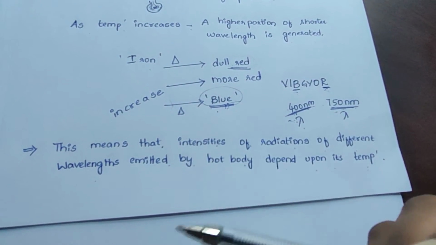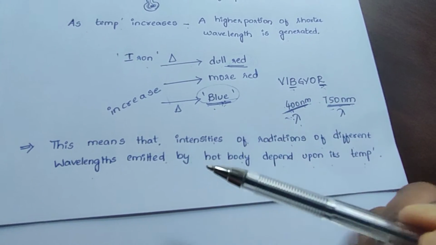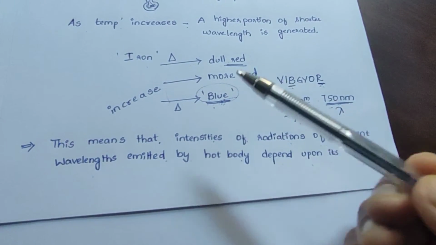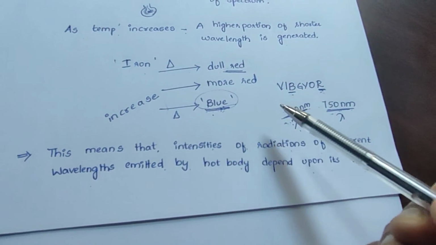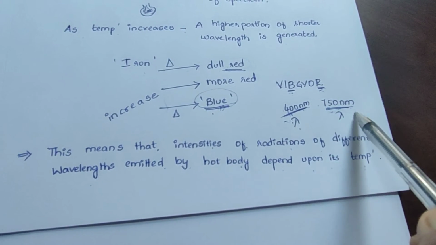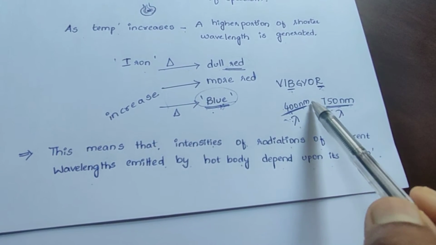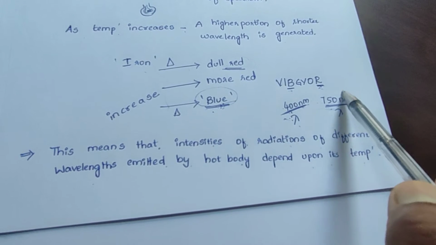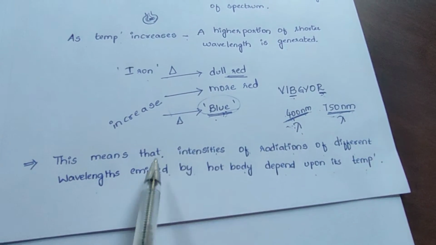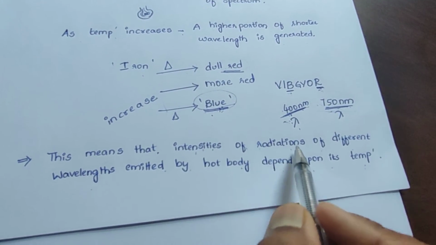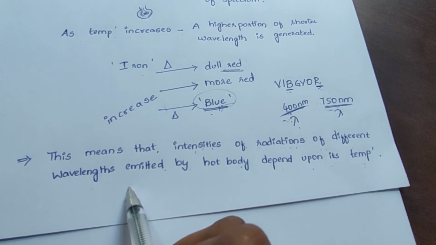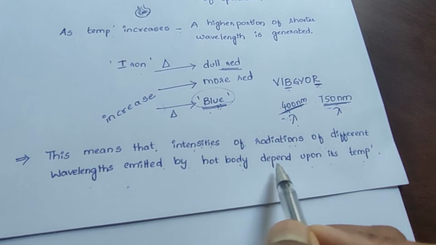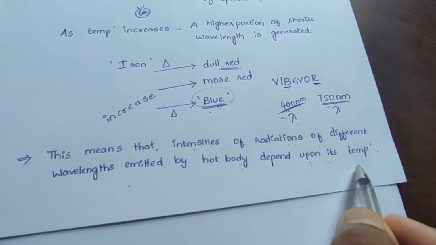As we increase the temperature, the difference in temperature leads to a difference in the wavelength of the electromagnetic radiations emitted. So the intensity of radiation of different wavelengths emitted by a hot body depends upon its temperature.